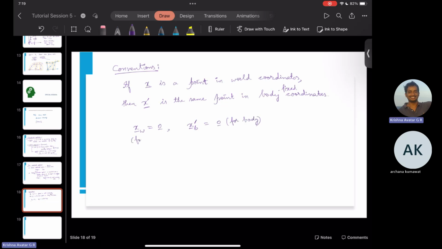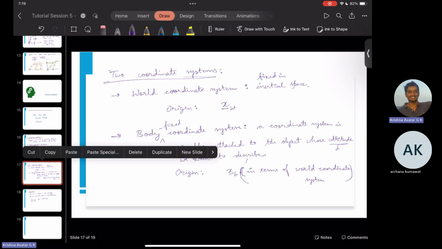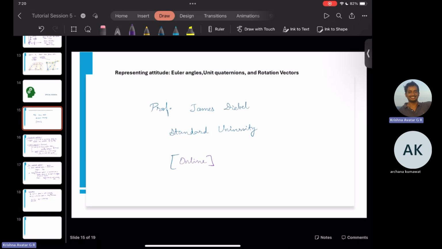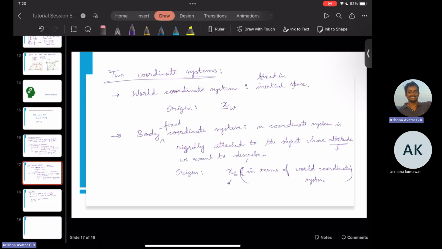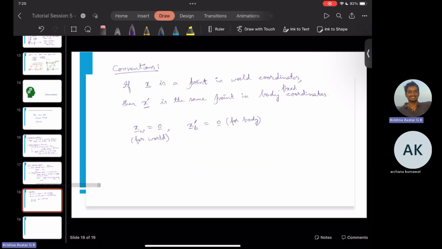And this is for world. As we mentioned in the previous slide about the coordinate system, this x_b is expressed in terms of the world coordinate system, which means that x_b need not be 0. However, when the origin of the body coordinate system is defined in terms of the body coordinate system, then it is the origin, which is prime.